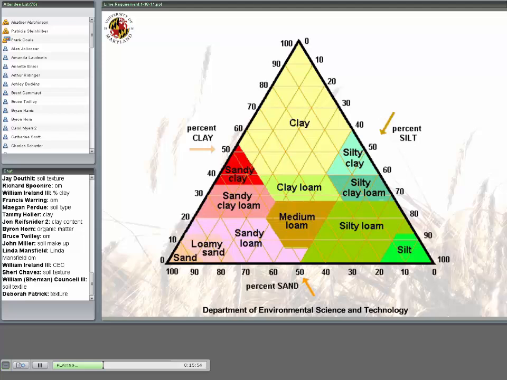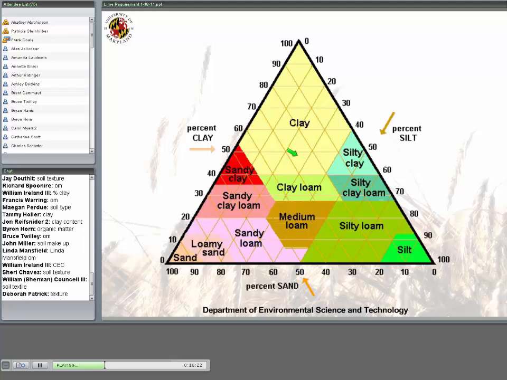So let's look at this textural triangle for just a moment. If you would please, and I'm going to try to get my pointer up here. If, for example, you had a soil, my pointer's not working very well. If you knew that your soil was a clay loam because your soil test lab told you that, look in the center of the textural triangle here.